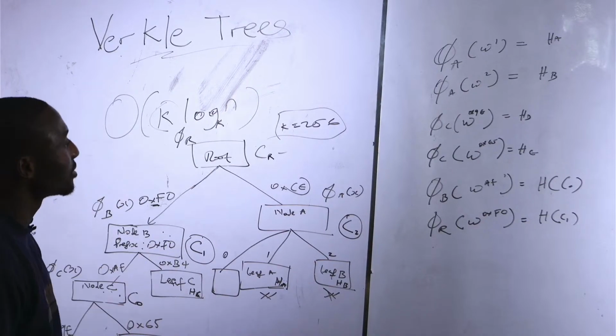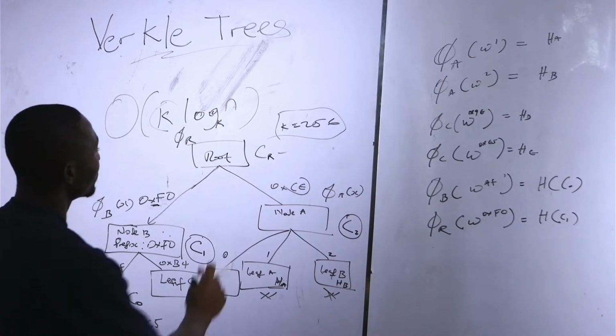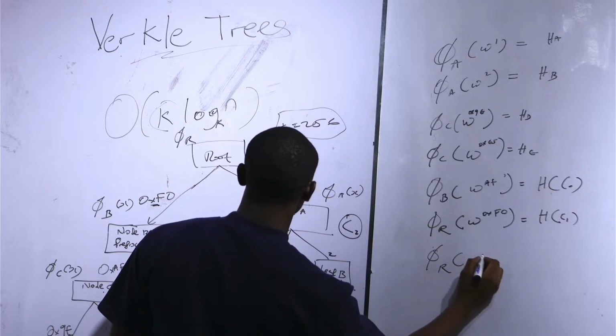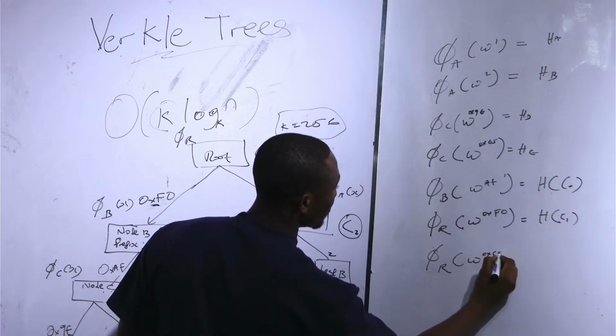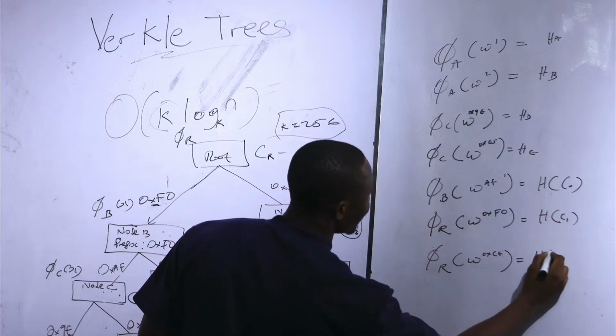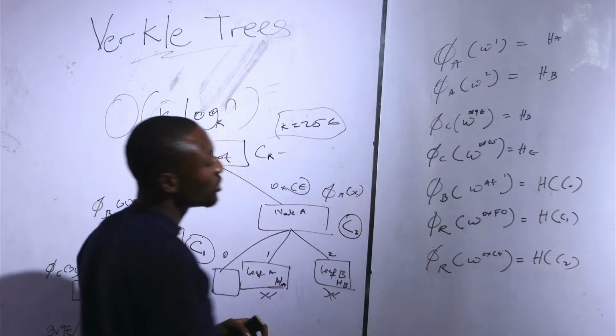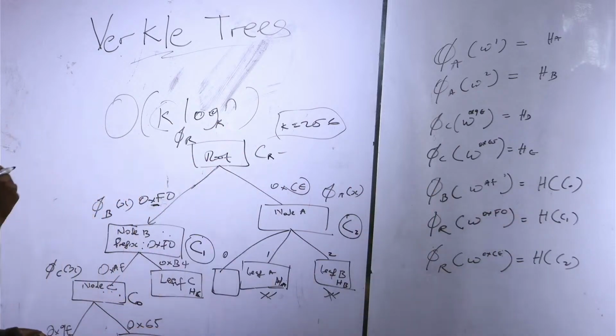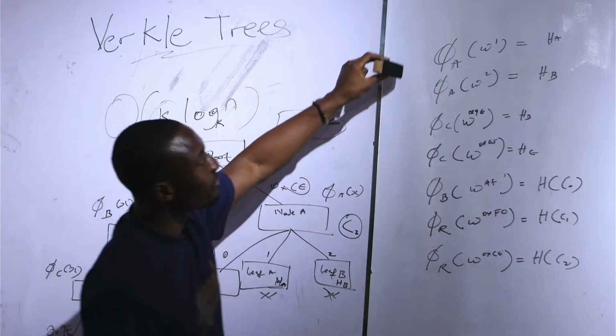But you need to do it for C2 and CR. So we're hashing all the commitments before we use them. So now we have all these evaluations.